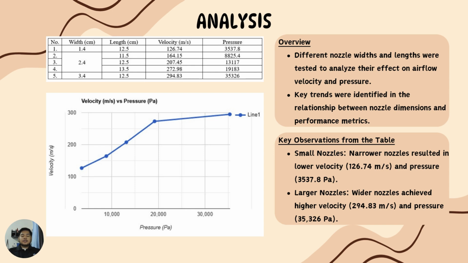The widest nozzle achieved 294.83 meters per second velocity and 35,326 Pascal pressure. Longer nozzles stabilize the airflow, leading to more uniform velocity and pressure distributions. They also reduced turbulence and energy losses, contributing to better overall performance.